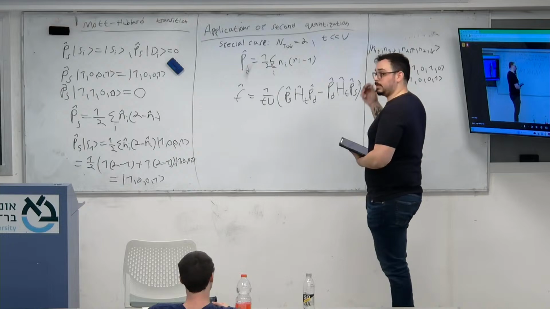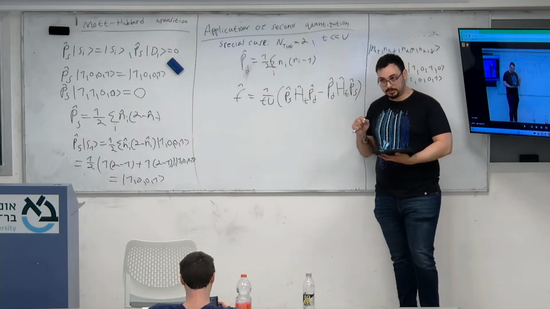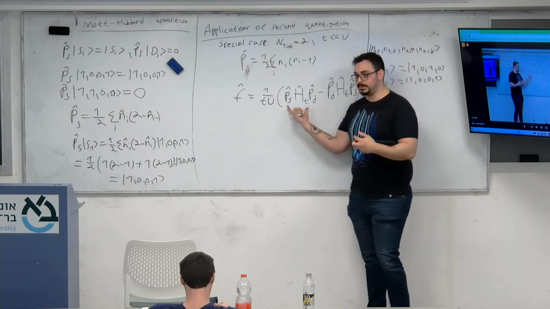Right? Might seem a little bit arbitrary to define this operator, but let me give you a little bit of intuition. Let's look at one of these terms. Let's say this one.